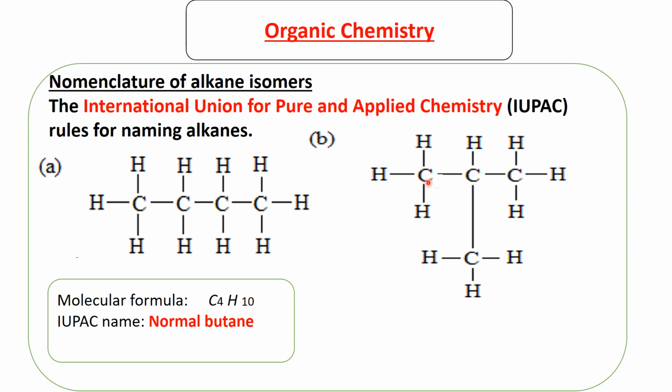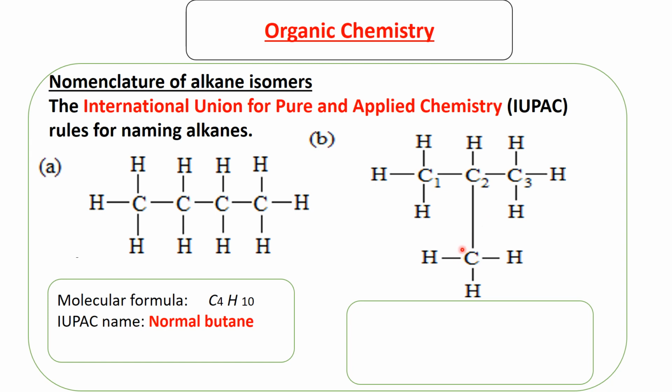So you name them. By the way, we're going to write the name here. This is carbon 1, this is carbon 2, this is carbon 3. We ask ourselves, where is the methyl group among these three? It is on carbon 2. The name usually starts with the number of the carbon atom, so it's going to be 2.